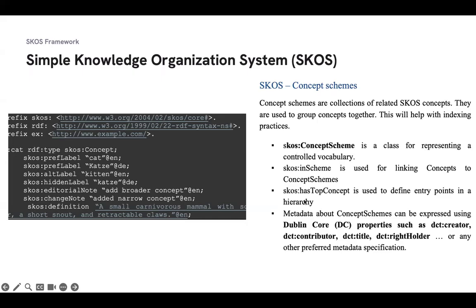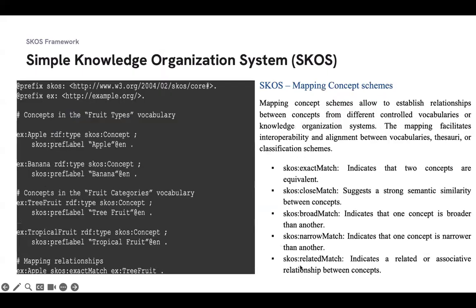So we have the concept scheme. We'll see this particularly. We also have some other properties that come from other vocabularies like Dublin Core, that we reuse.